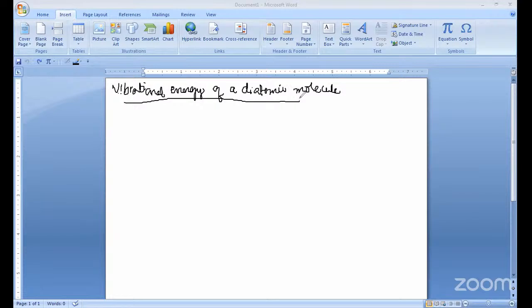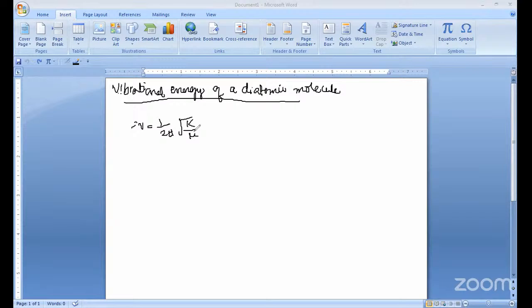The vibrating diatomic molecule can be taken as a harmonic oscillator possessing the frequency nu equals 1 by 2 pi under root of k by mu, or m we can represent here. Mu or m is nothing but the reduced mass.